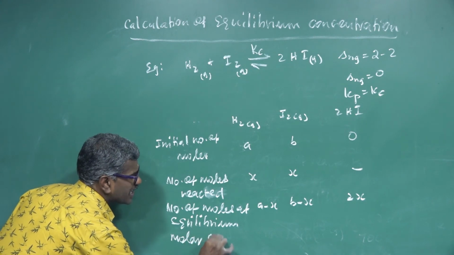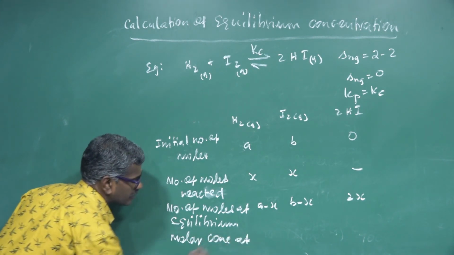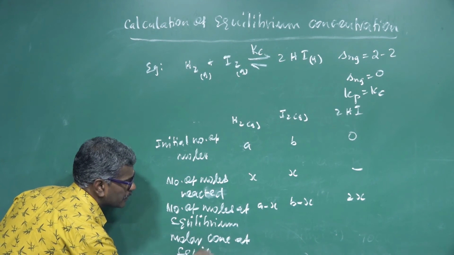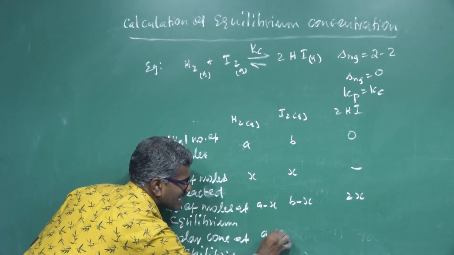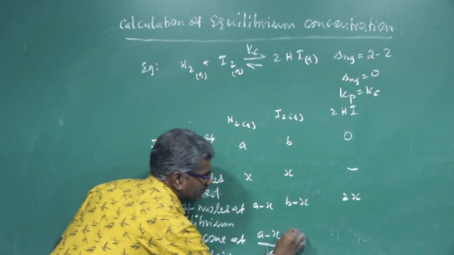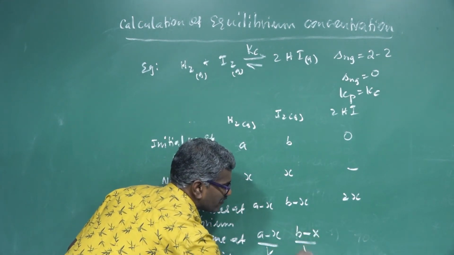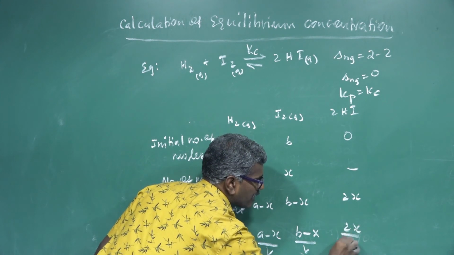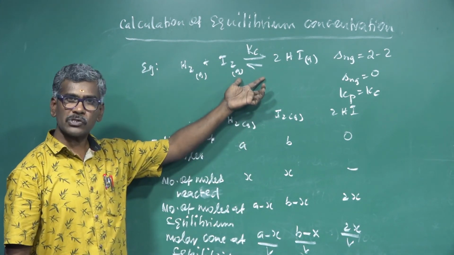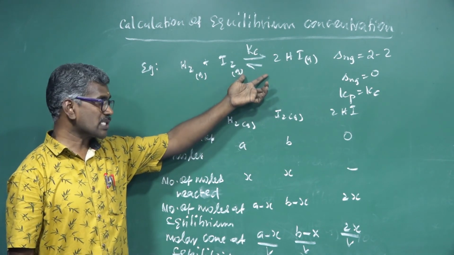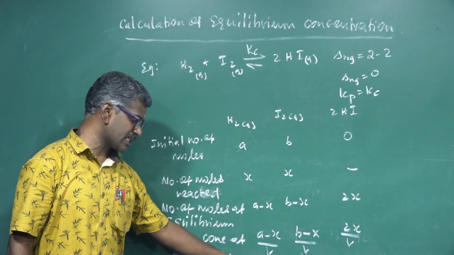Molar concentration at equilibrium: A minus x divided by V, B minus x divided by V, 2x divided by V, because this reaction takes place in a closed vessel, and the volume is measured in liters.